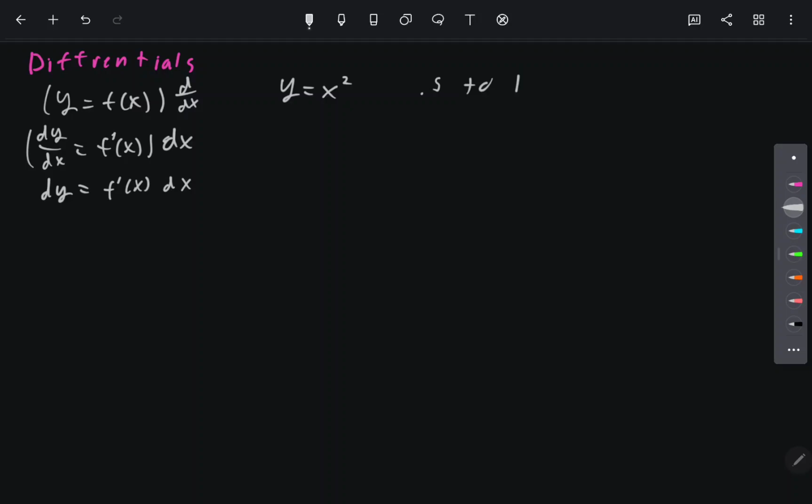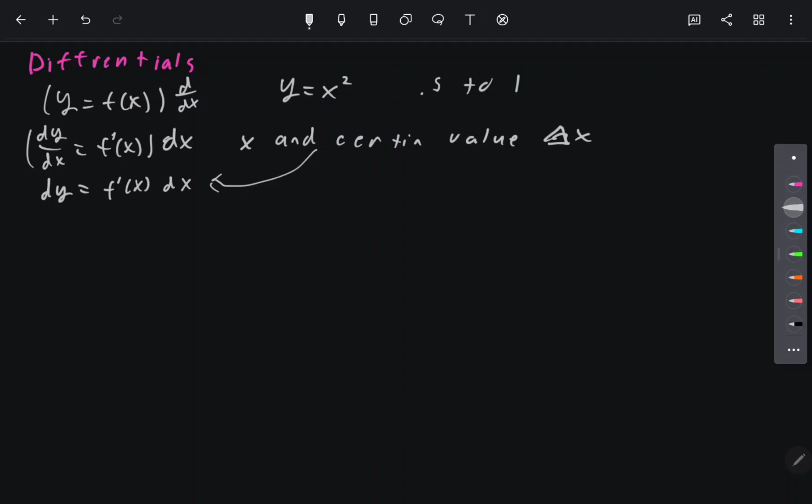How is this useful for us to approximate something? Well, if we are given a certain value of x and a certain change in x, we can use this to approximate the change dy.